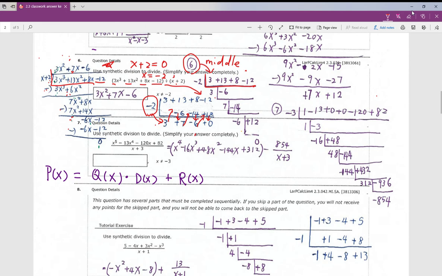Just the coefficients. And you change +2 to become -2, and then you put your quotient here: 3, 7, -6. Let me change color because for this quotient we want to use another color. So the quotient, I use green color. So the quotient is here.